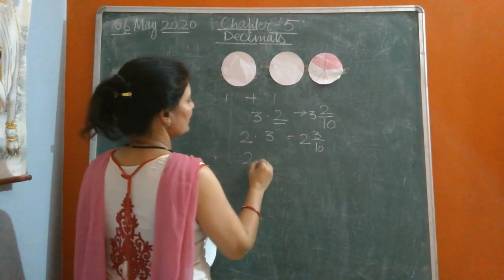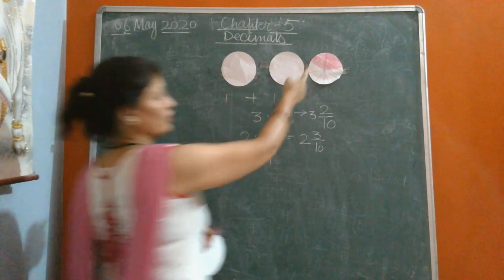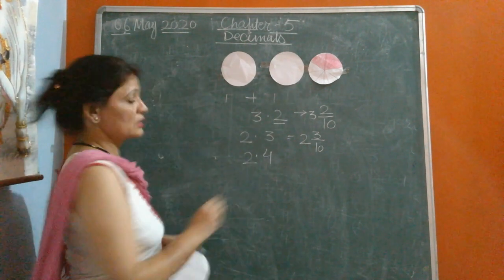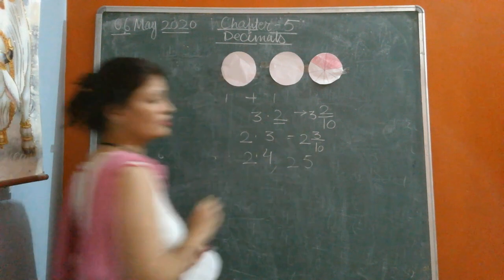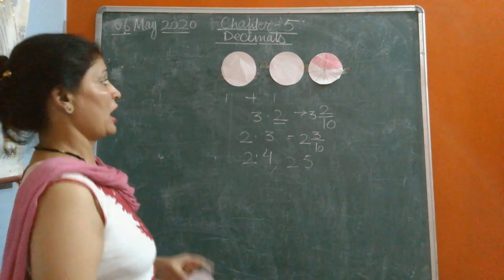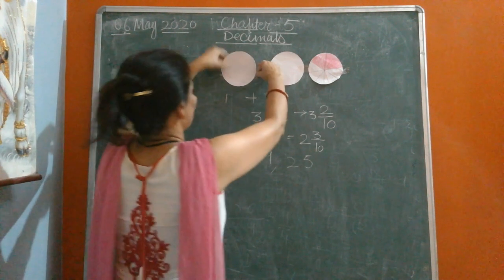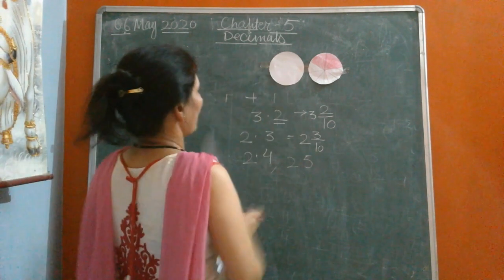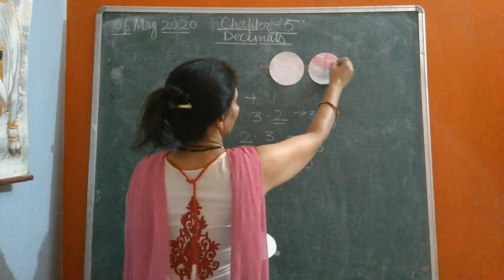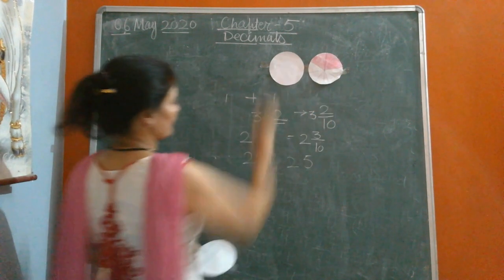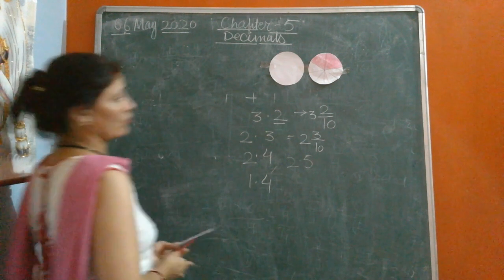We can write it 2.4. If I remove one circle from here, how to write it? These 1, 2, 3, 4 parts are filled and one is whole, so we can write 1.4.